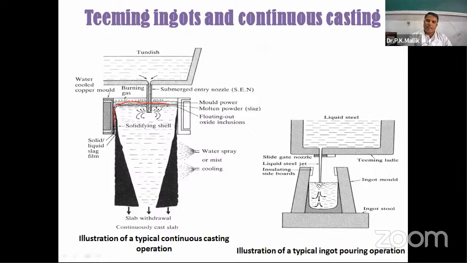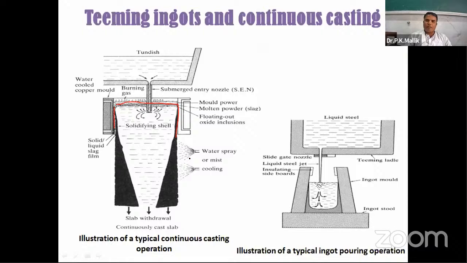These slag layers behave like a solid, semi-solid or fluid layer, which prevents the heat loss and also enhances the solidification of the metal.